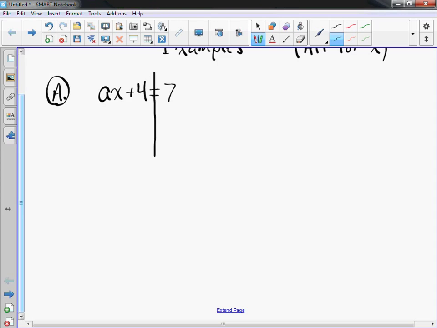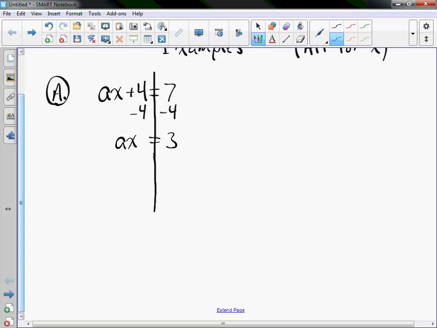First thing I want to do is get rid of the easiest thing, which is the plus 4. So I'm going to subtract 4 from each side. That leaves me with an ax equals 7 minus 4 is 3. Okay? And now, there's multiplication between the a and the x.